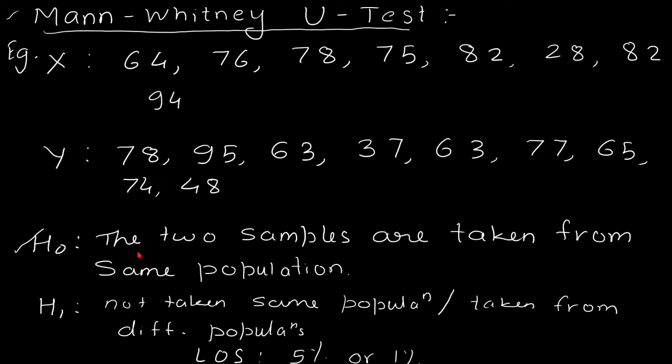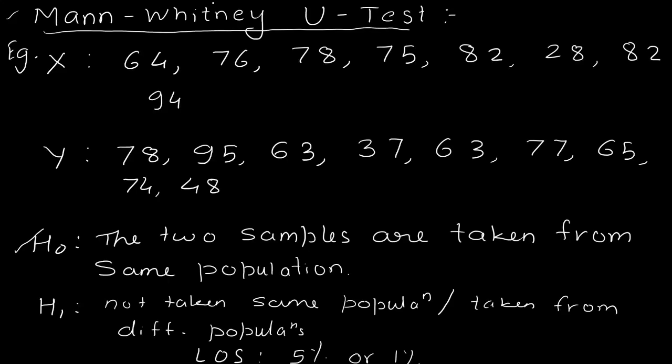The next step is, once you have this x and y, you will combine both of these data. You will combine this x and this y, and write it together as the combined series.